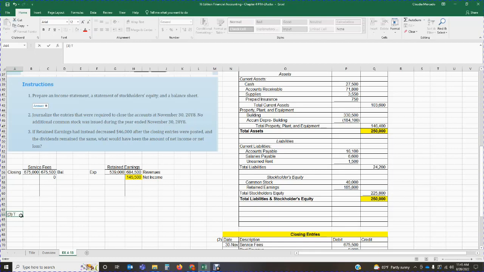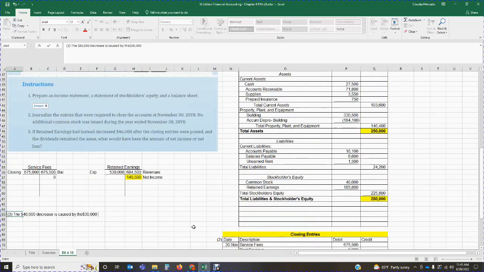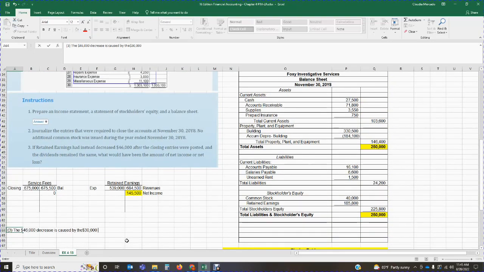$30,000. The decrease is caused by the $30,000 dividends and a $16,000 net loss.